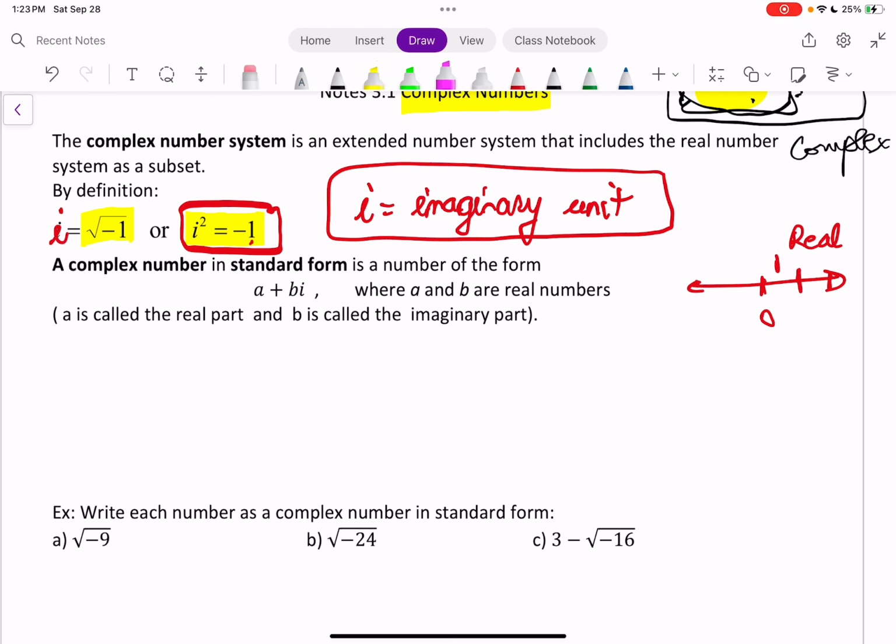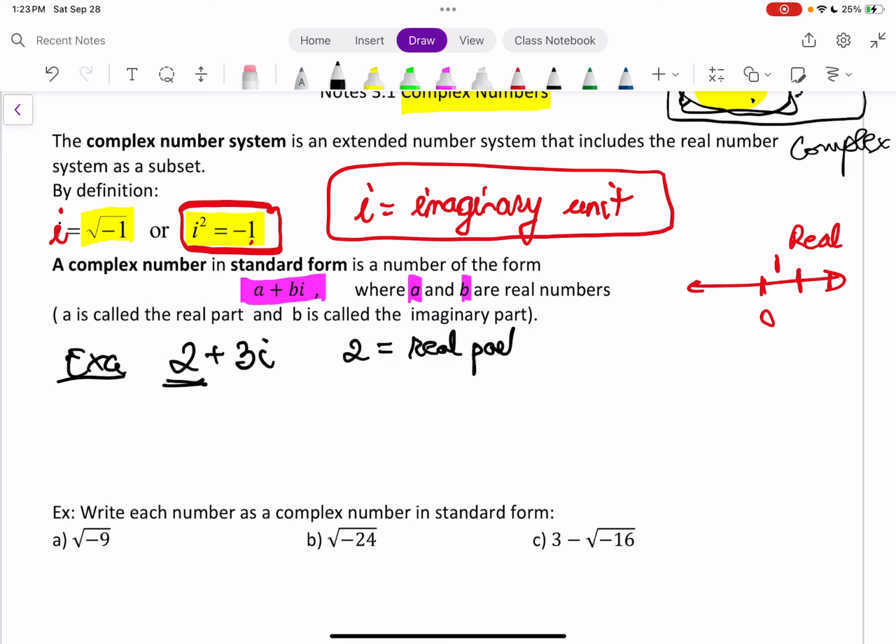So for now, a complex number is simply a number of the form a plus bi, where a and b are real numbers. In other words, a complex number, for example, might look like 2 plus 3i. So a complex number is made up of a real part.